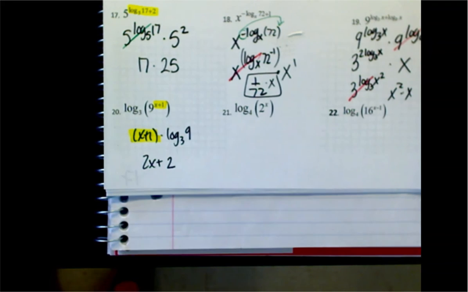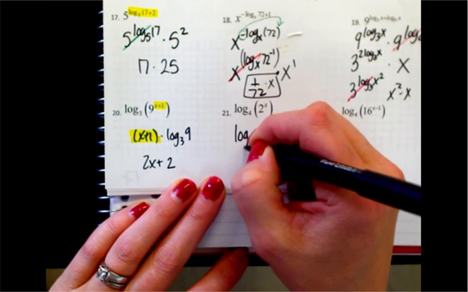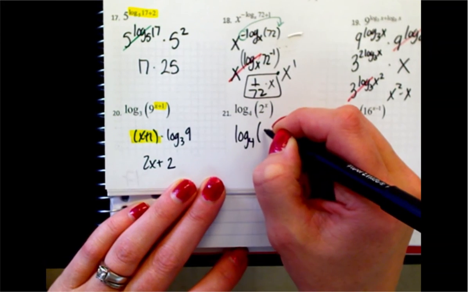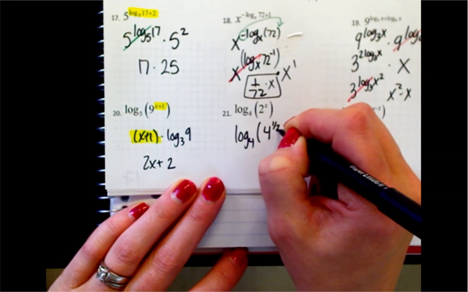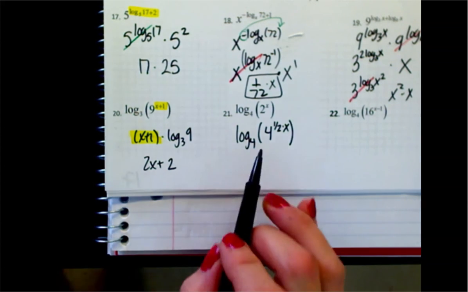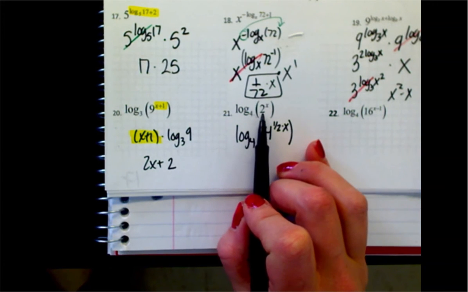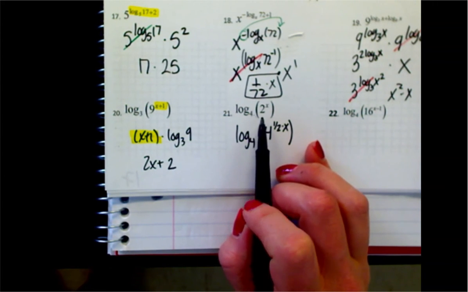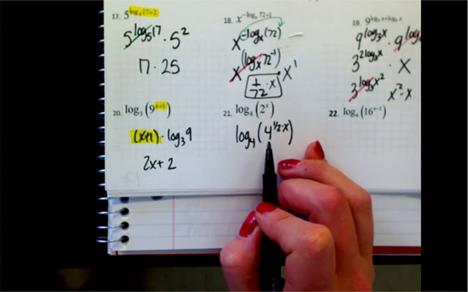I'll do it again a different way. I like the inverse property way. Well, I make a matching base. I cannot change the base of the log, so I change the other one. Well, 2 is the square root of 4, just 4 to the 1/2.